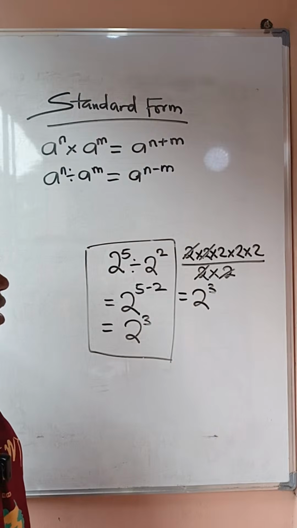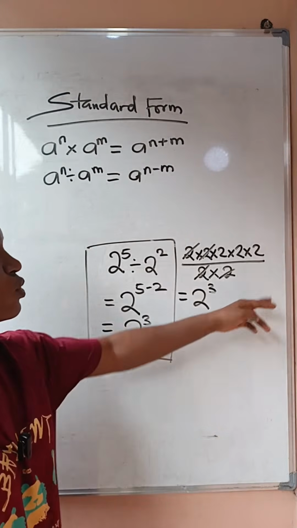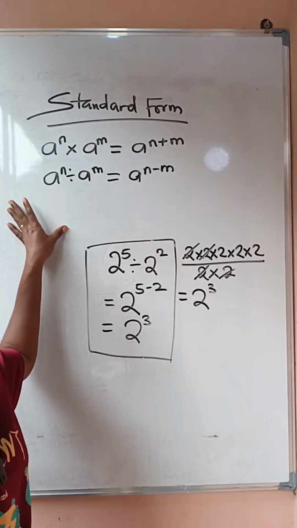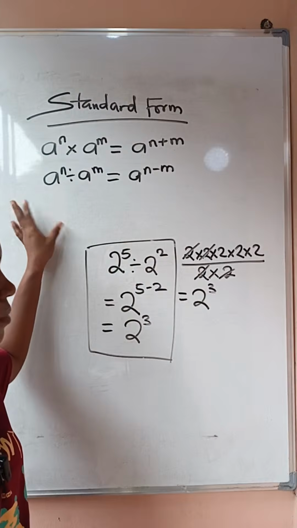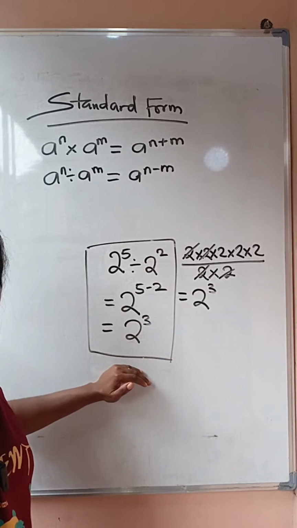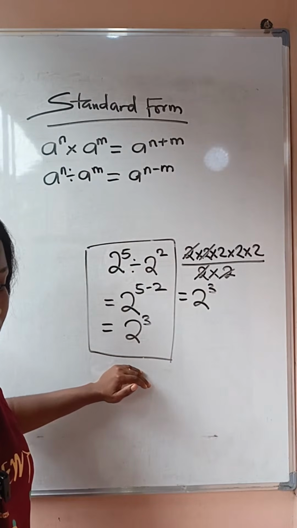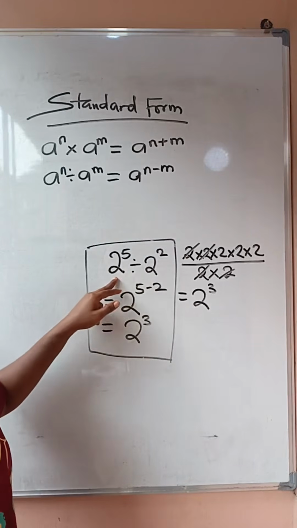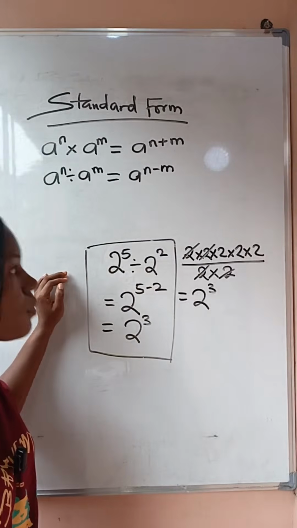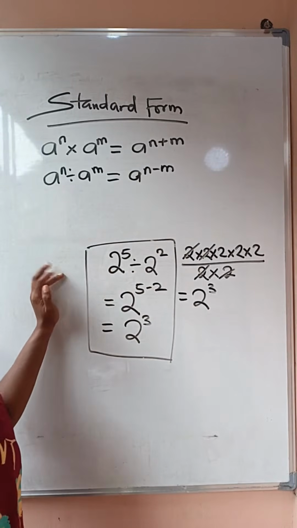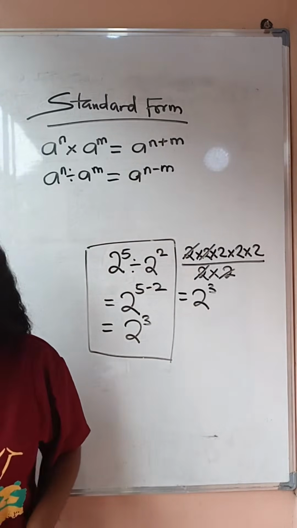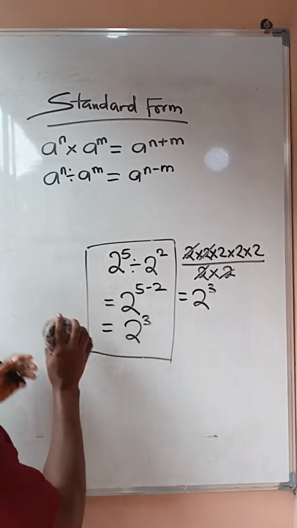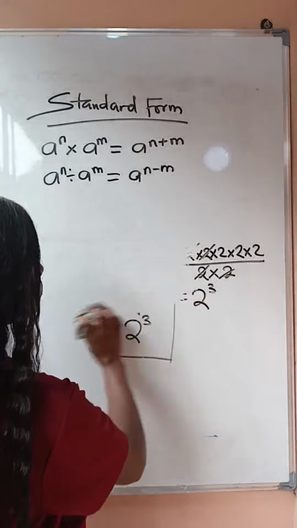So like I said, this is it. If you do it manually without using this formula, you are still going to get the same answer. So this formula is telling you basically you shouldn't stress yourself when numbers in the same base are dividing each other. All right. So now let's introduce the third law that we are going to make use of.